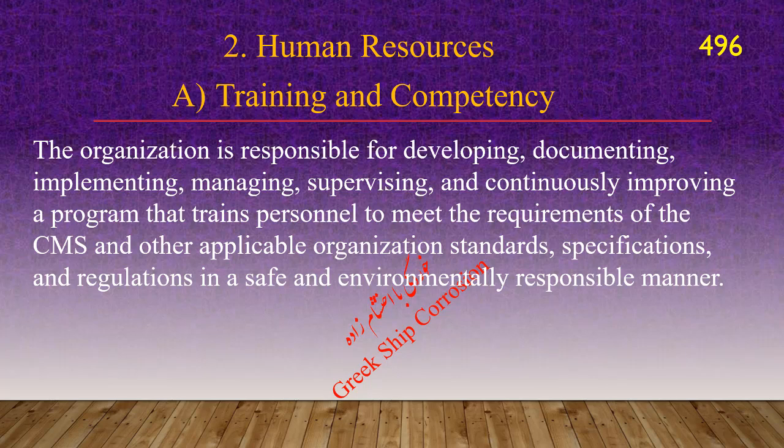Human resources. A. Training and competency. The organization is responsible for developing, documenting, implementing, managing, supervising, and continually improving a program that trains personnel to meet the requirements of the CMS and other applicable organization standards, specifications, and regulations in a safe and environmentally responsible manner.